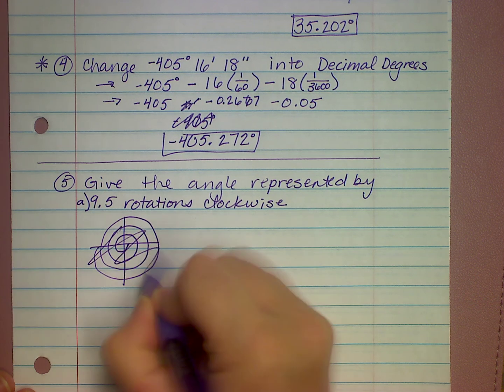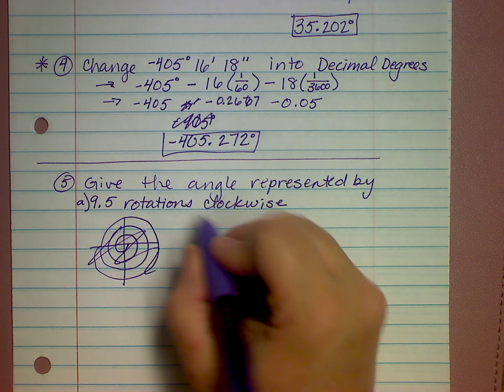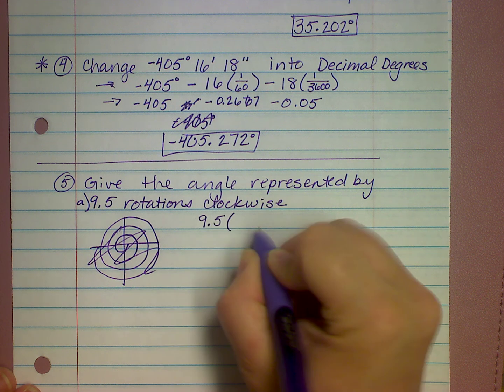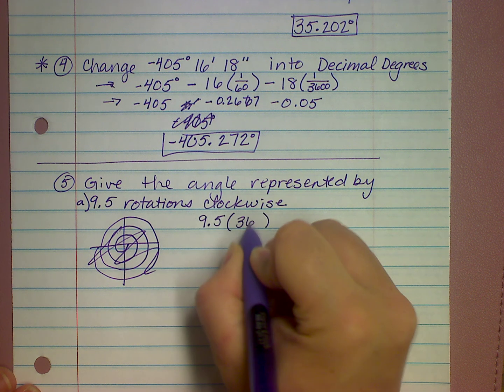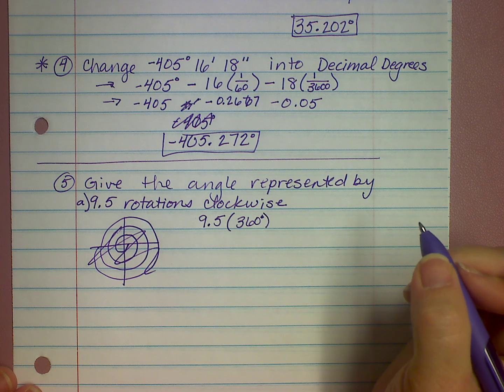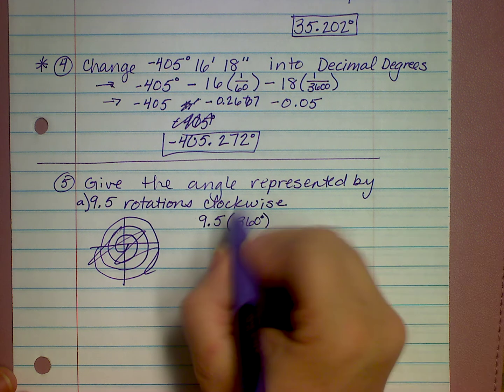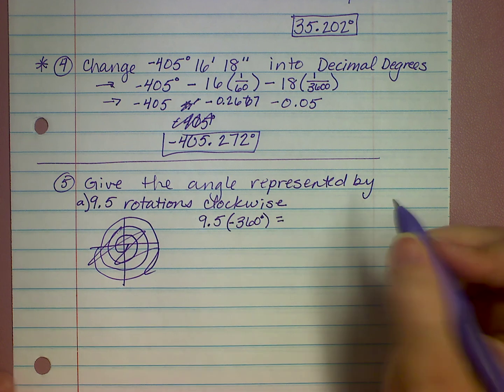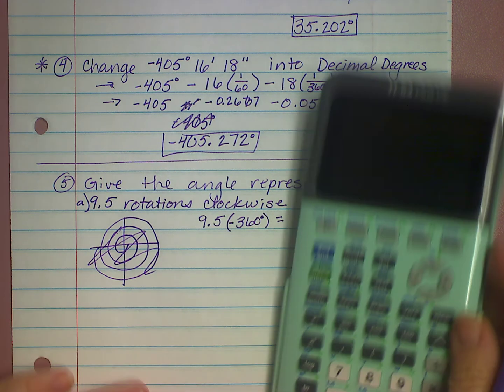I don't want to draw that. That's going to be way too much. So here's what I can do. I can do 9.5 times 360 degrees, right? But if I'm going in a negative direction, I want to multiply it by negative 360. What is 9.5 times negative 360?